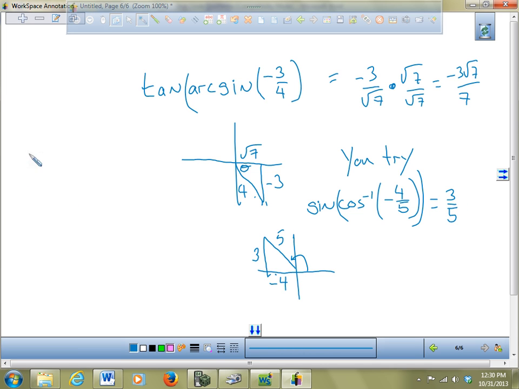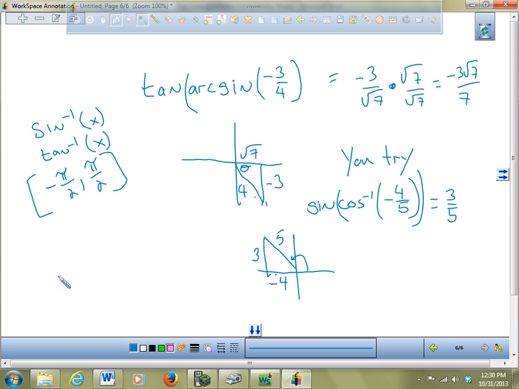So let me go through again. Inverse sine of x and inverse tangent of x, you look for the answers between negative pi over 2 and pi over 2. That's their range.